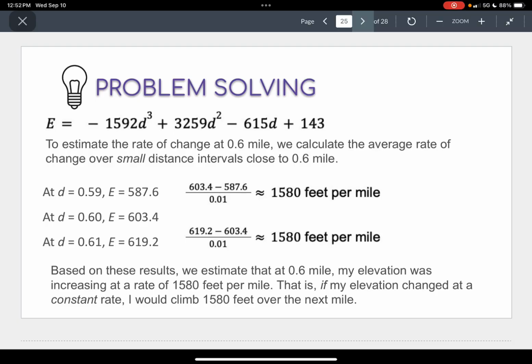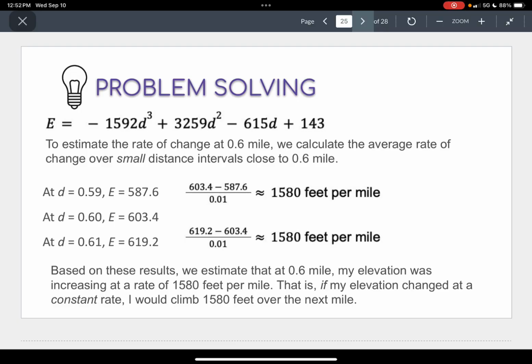To estimate the rate of change at 0.6 of a mile, we calculate the average rate of change over a small distance interval, close to 0.6 of a mile. I chose to just go from 59 hundredths of a mile up to 0.6 of a mile, and then also look at 61 hundredths of a mile and 0.6 of a mile. I do the calculation there, and both calculations turned out to be 1,580 feet per mile.